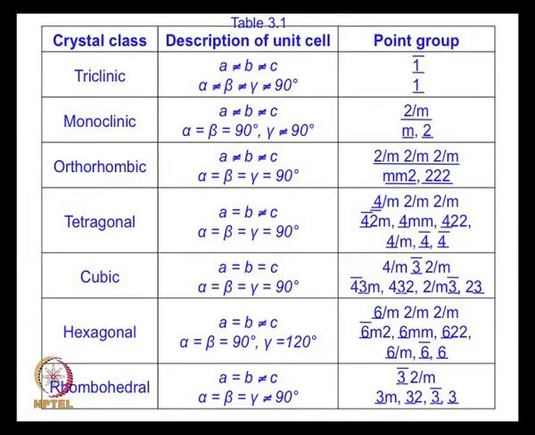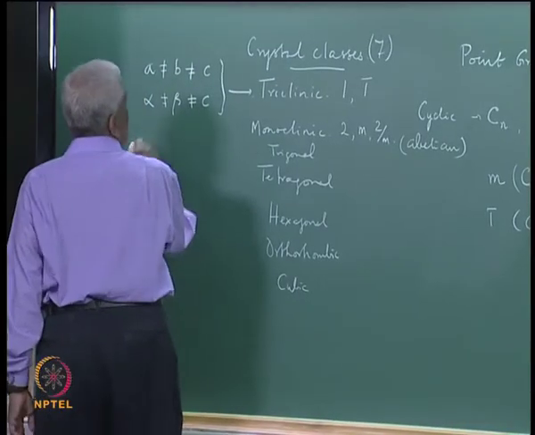Whereas, in the case of monoclinic, you have A not equal to B again. So, this is triclinic and so on.